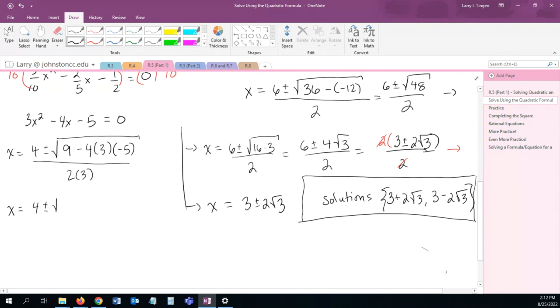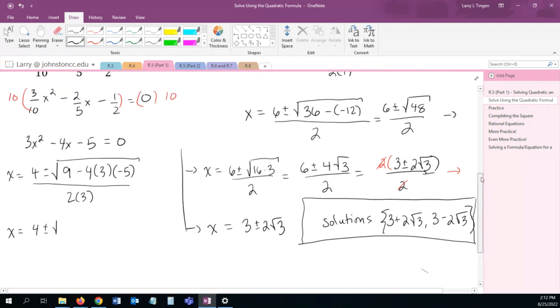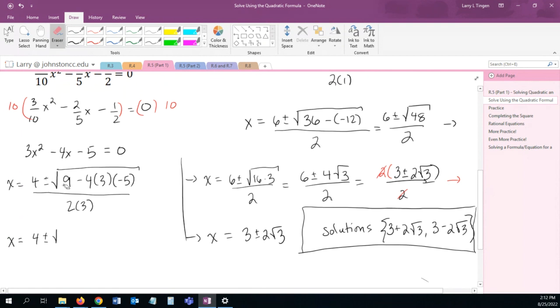Ooh, what did I do? Oh, I made a mistake. Look at what I did wrong. I squared a instead of squaring b. Maybe I shouldn't jump to so many conclusions. All right, let me get this right. Negative 4 squared, and we write it the right way.